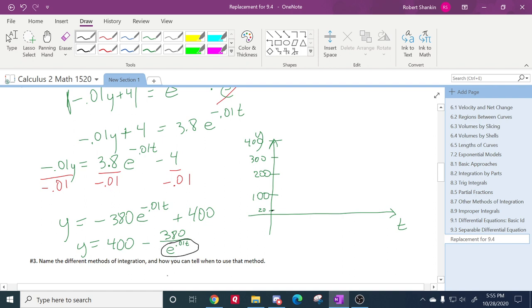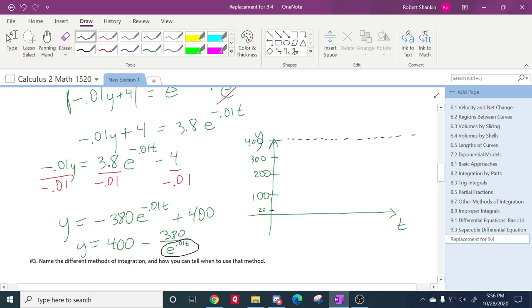As t gets larger and larger, this thing will get larger and larger. When t is 0, that's 1. When t is 1, this is a little bit more than 1, about 1.01. As t gets larger and larger, this gets larger and larger, and it drives this whole fraction that's being subtracted smaller and smaller. What does that mean for the entire function?